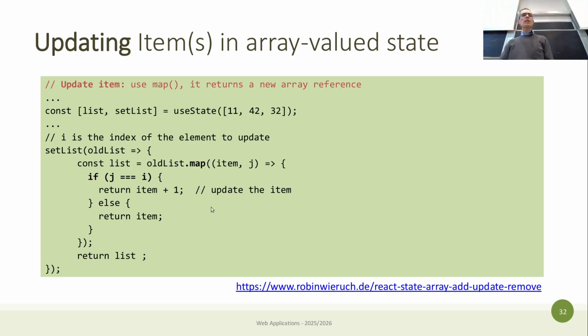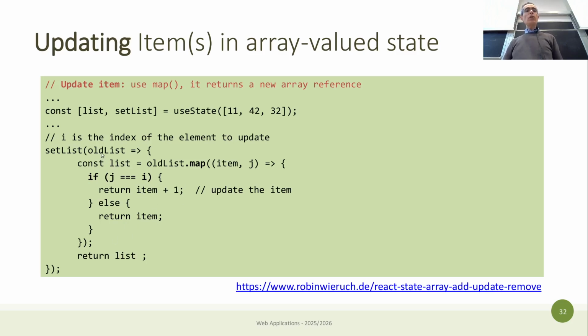In this case, there is an item that we want to increment, okay? i is the index of the element to update. If j, which iterates over the array, is equal to i, the one we want to update, we perform the operation and return a new value. In this case, it's just a number, right?